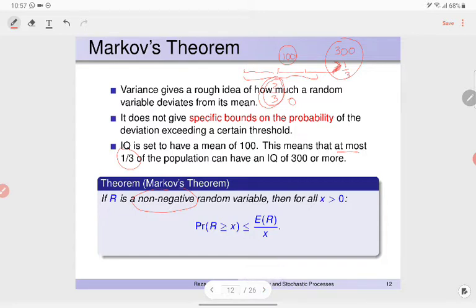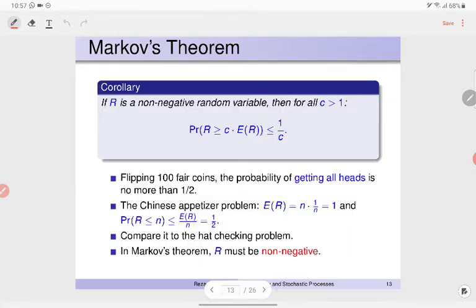So previously, the probability that the IQ is more or equal to 300 must be less or equal to the expectation, namely 100, divided by x, 300, namely 1/3.